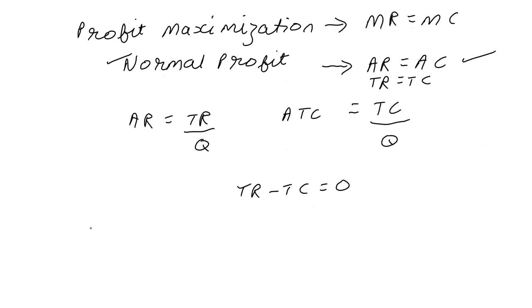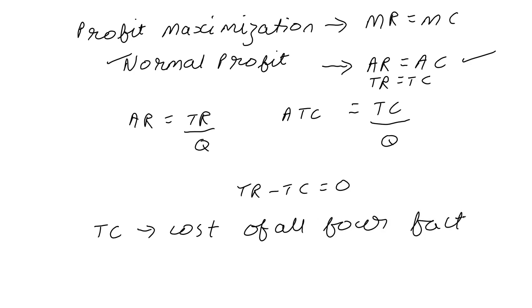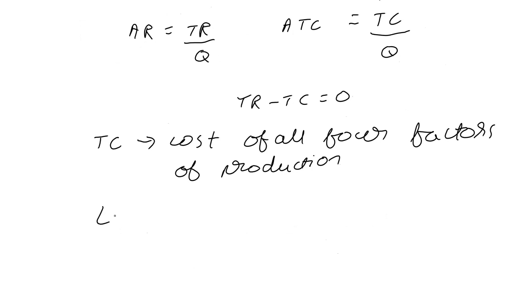Because when we talk about these costs, the total cost that we have is the cost of all four factors of production. And we know that those four factors of production are land, labor, capital, and entrepreneur.